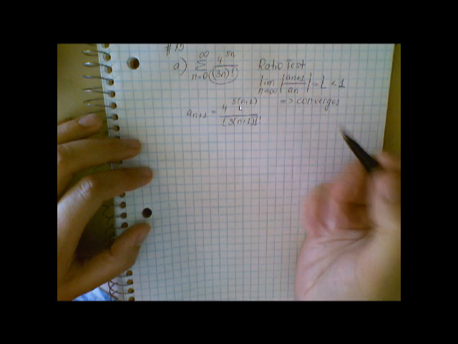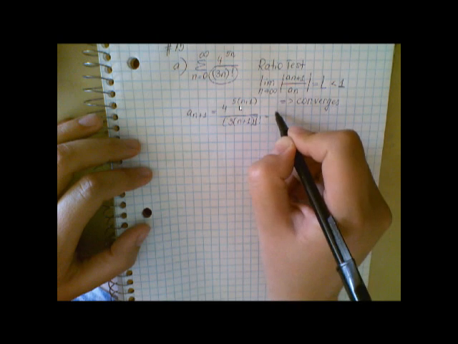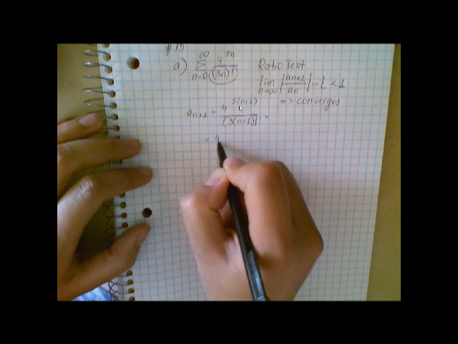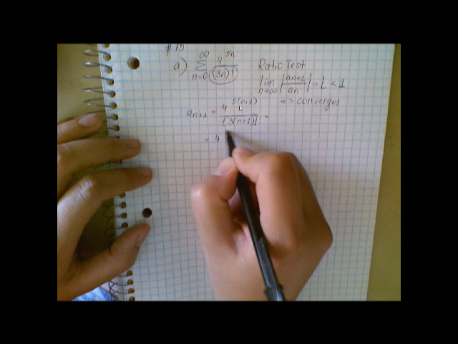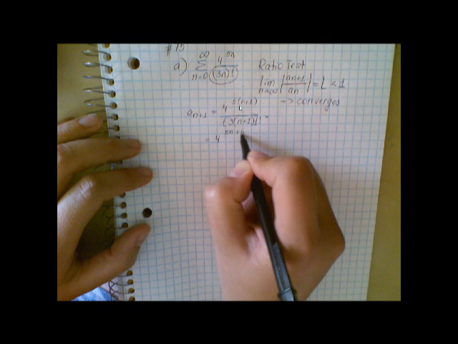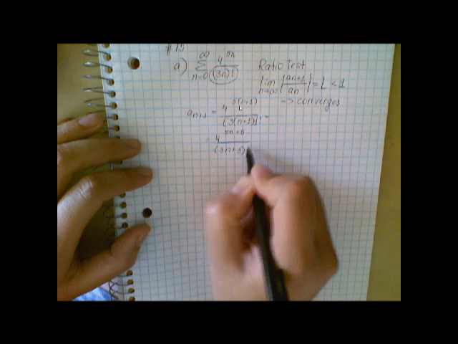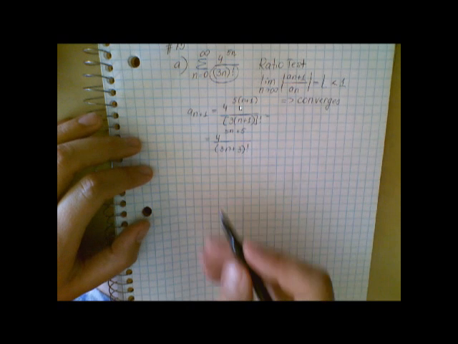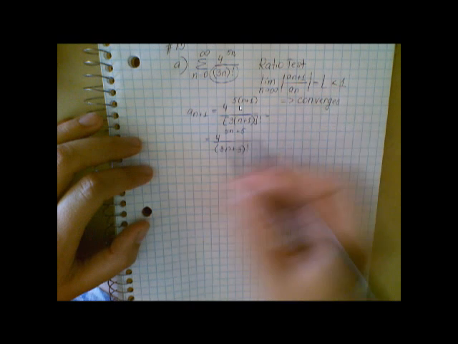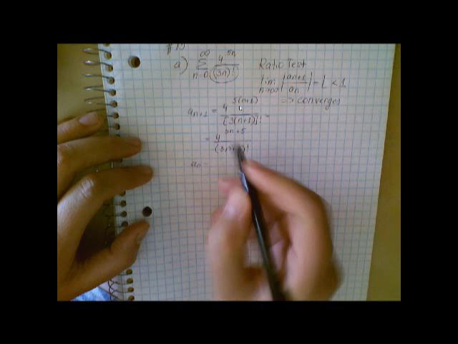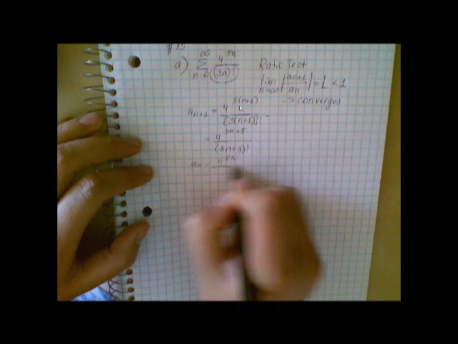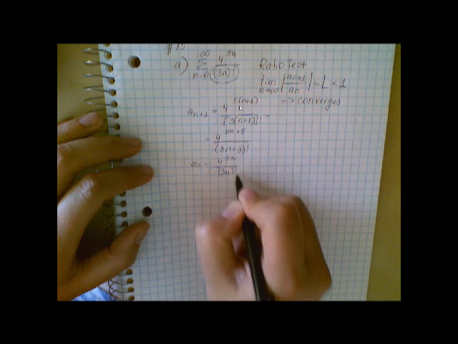If I simplify this a little bit, I get 4 to the power of 5n plus 5 over 3n plus 3 factorial. And then a sub n is 4 to the 5n over 3n factorial, right?